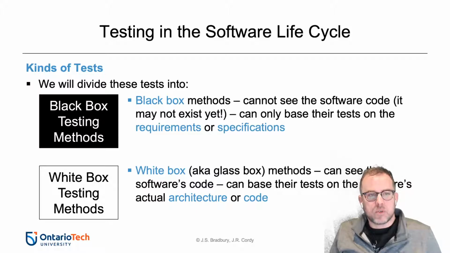Namely, you can see the code, and if you know how the code works, you can actually base your tests on that code, or even what we call gray box testing, where you have a partial view, where you use the architecture or the design of the software to base your tests. An example of this would be unit testing, right? Unit testing is typically a white box method. So say, for example, you're testing an individual function. That function has inputs.